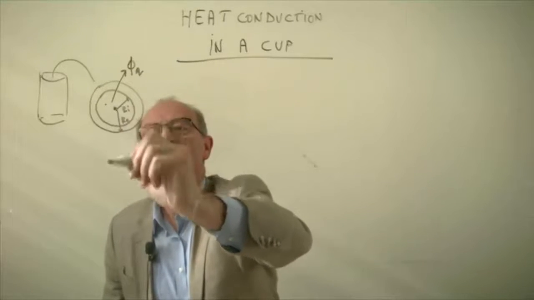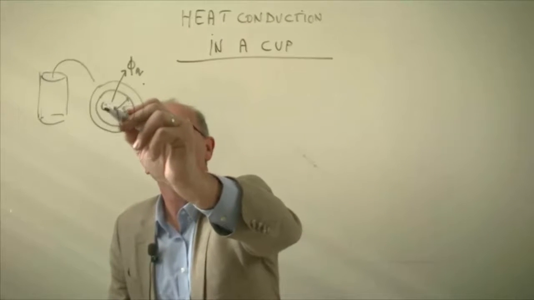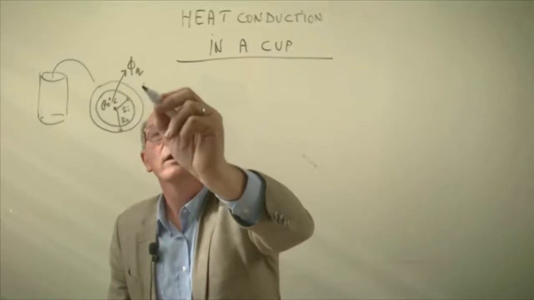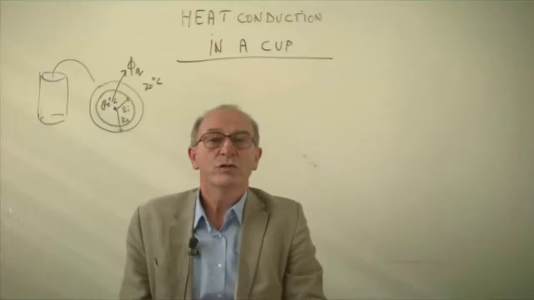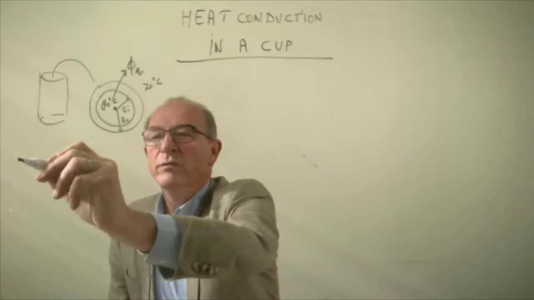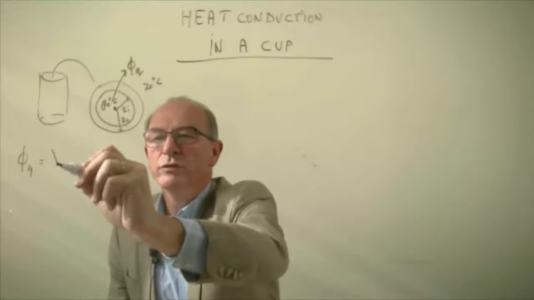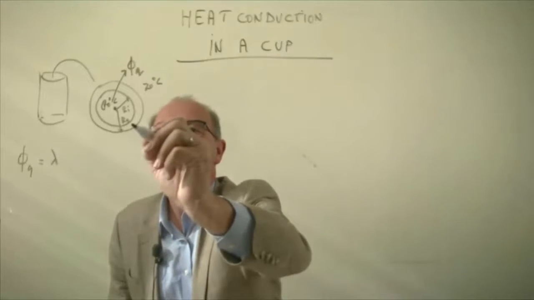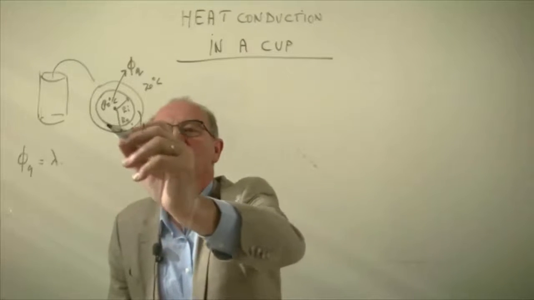If this is a hot liquid with cold surroundings, let's say 80 degrees C here and 20 degrees C here, to calculate this, we apply Fourier's law, and Fourier says that the heat loss is equal to the conductivity through the wall, so the lambda of this wall, multiplied by the surface area.